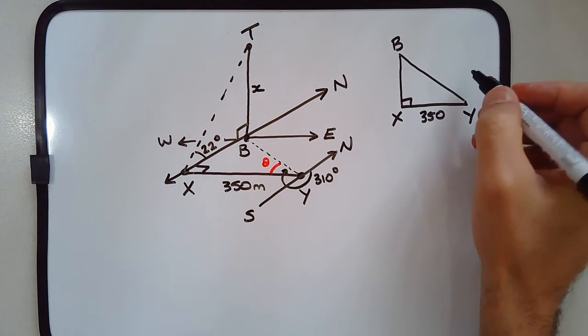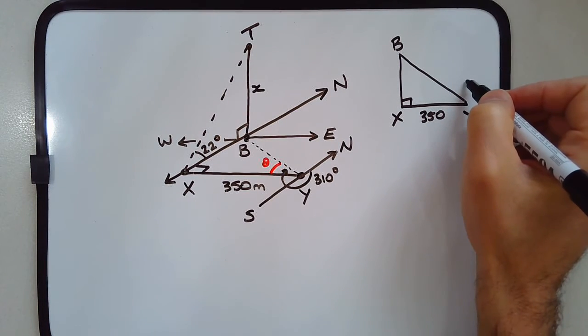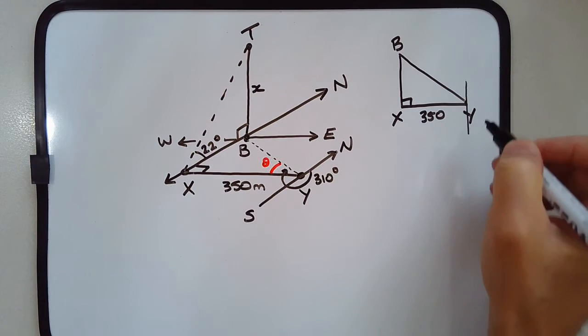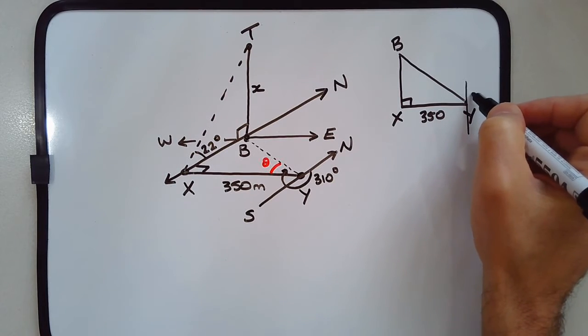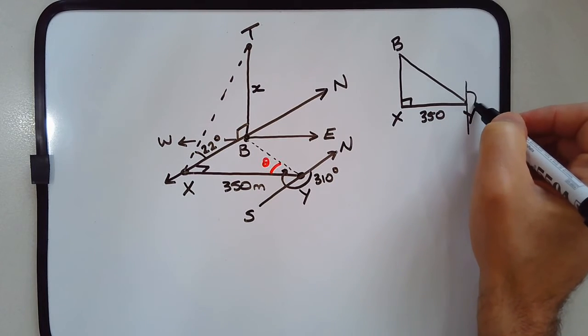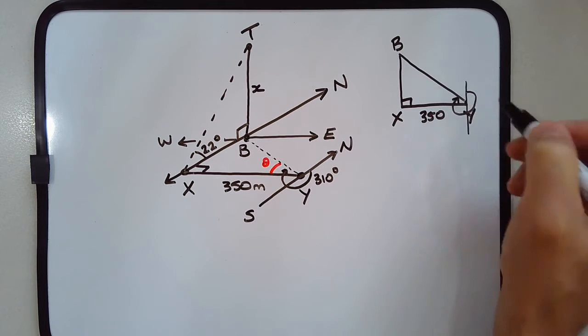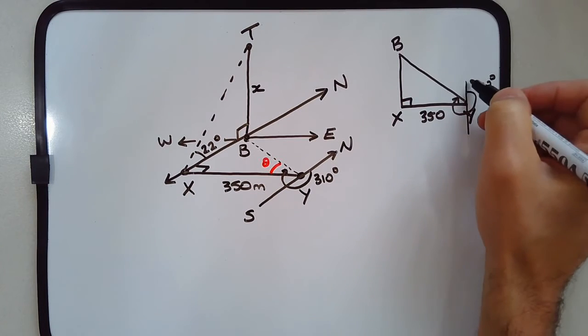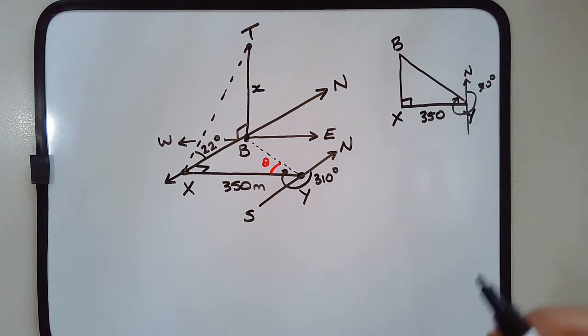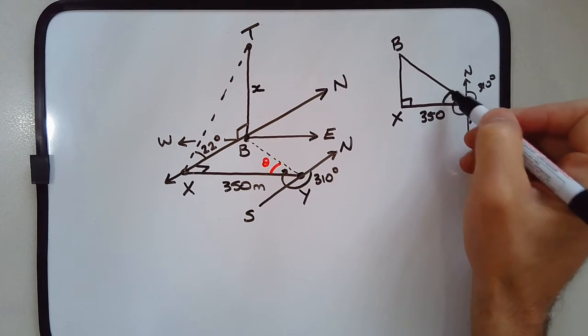Now we have a bearing of 310 degrees. So that's this bearing here, and that's north. We need this angle theta here.